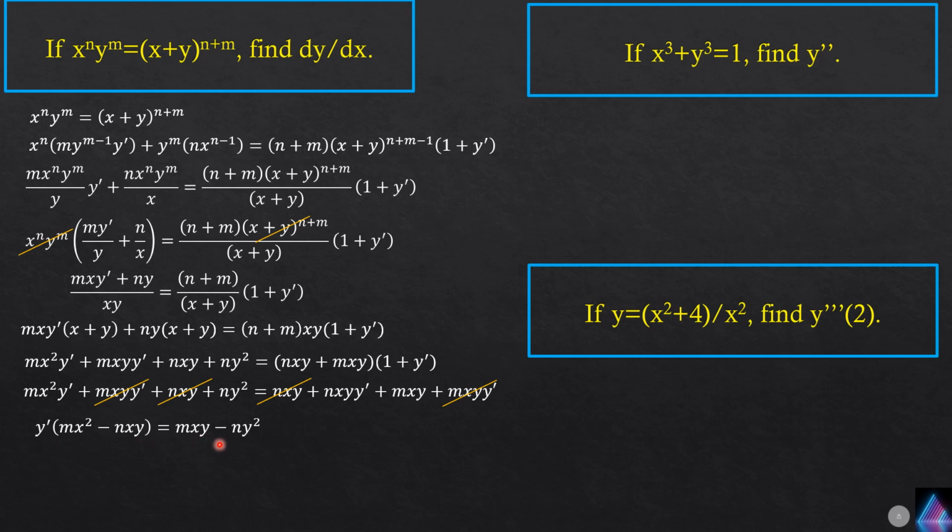Then in the right side, y is common, y times (m x minus n y). We then cancel m x minus n y, so y prime x equals y, and write the final answer as dy/dx, which is y prime equals y over x.